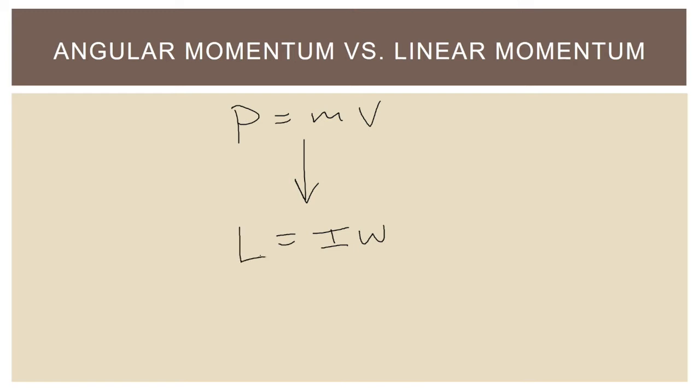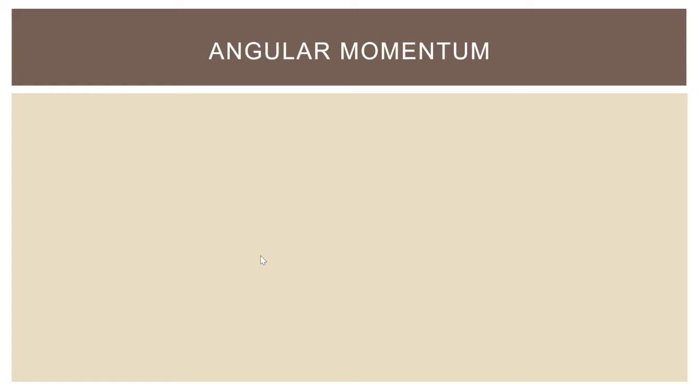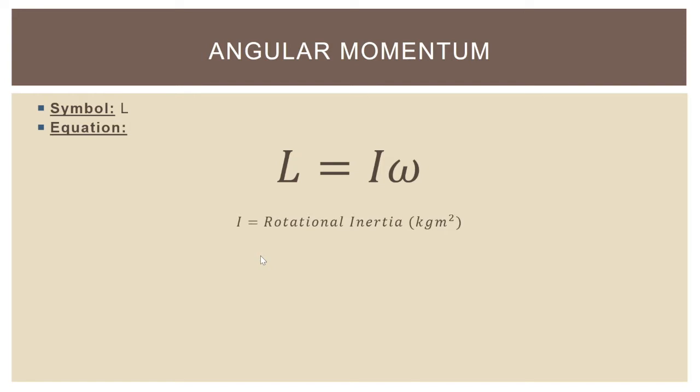And as it turns out, the symbol for angular momentum is L. So you can write this under the heading angular momentum. The symbol for angular momentum is uppercase L. The equation is L equals I omega, where I is the rotational inertia, given in units of kilogram meters squared, where omega is the angular velocity, measured in radians per second.